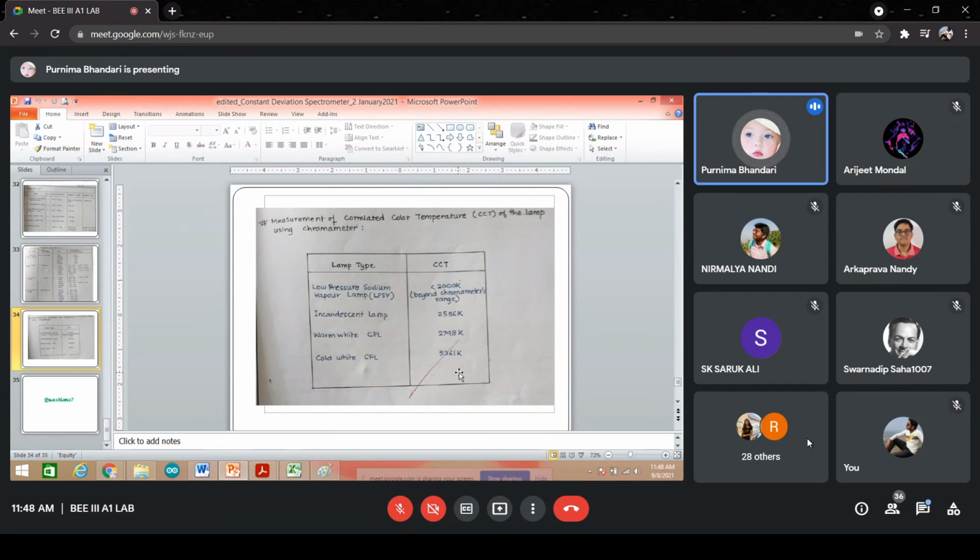Blue content will be more in the spectral power distribution, and it will look like bluish white. So from the spectral power distribution, and also from the CCT, you can understand in which color of light, or which wavelength region, the lamp is going to radiate its power.